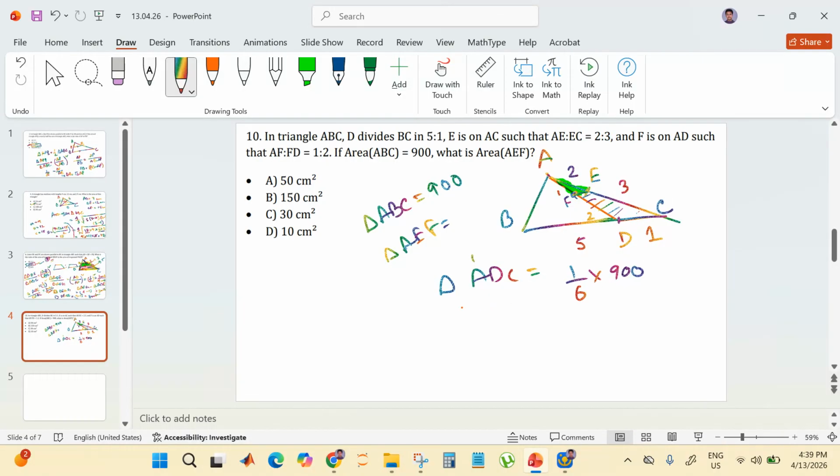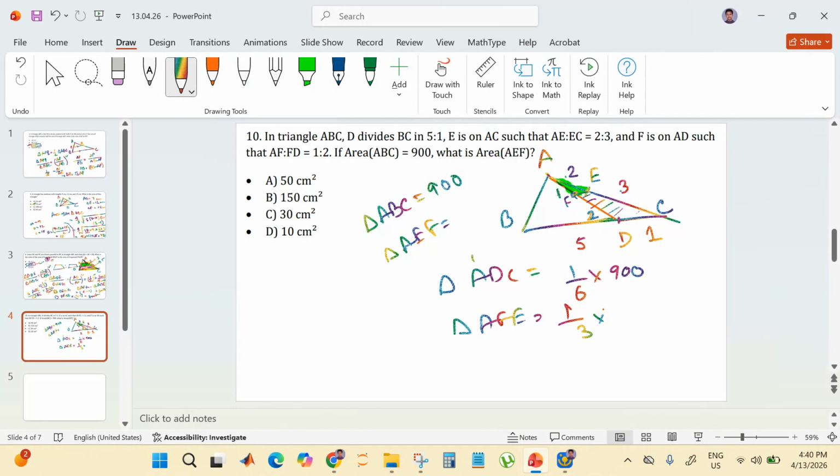After finding ADC, in ADC you have to find AFE. What is AFE? It is basically the ratio 1 is to 2 and 2 is to 3. So directly you can find AFE will be 1 is to 3. Why 1 is to 3? Because 1 part and 2 part is given. So 1 plus 2 will be 3.